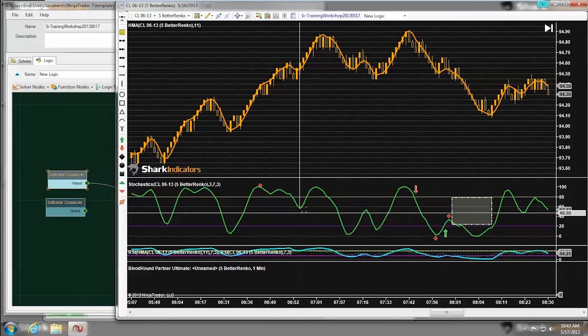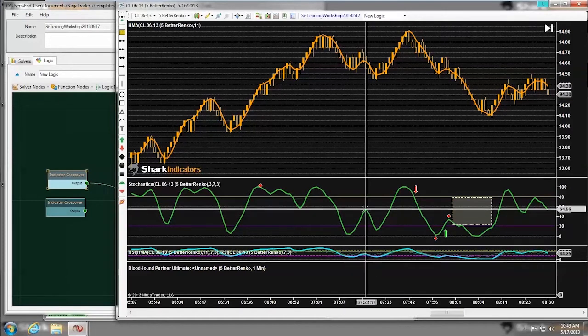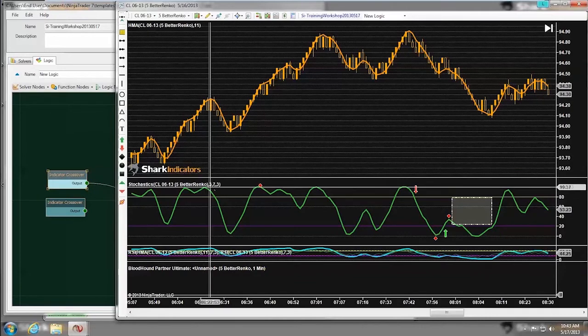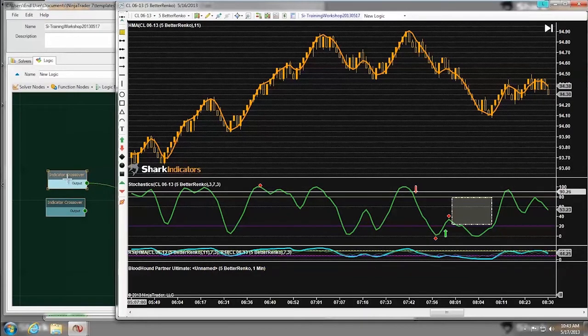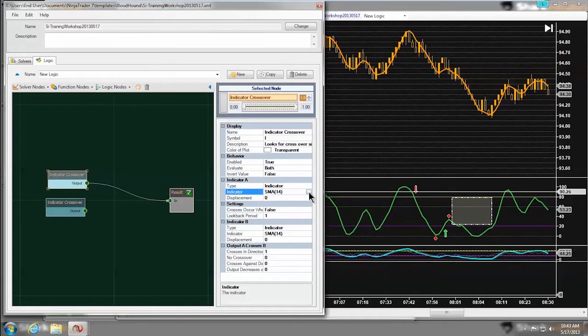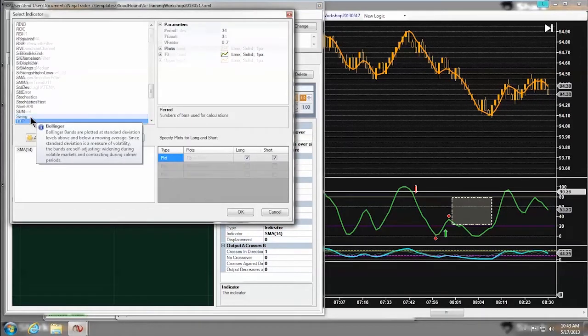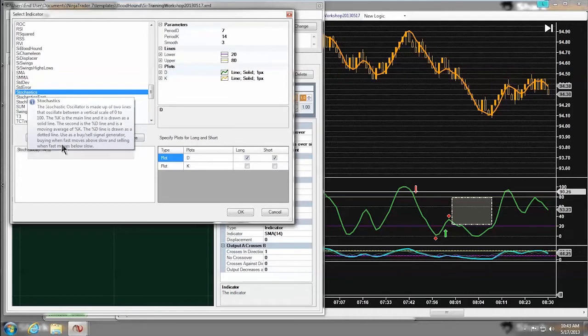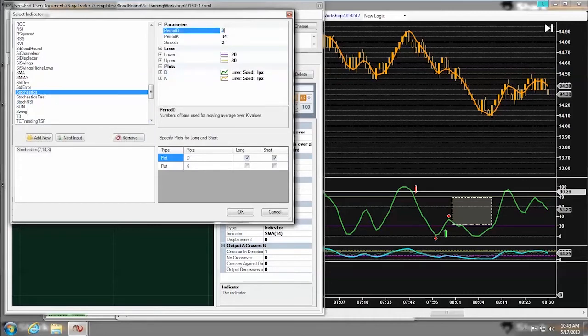I'm trying to eliminate these reversal points in this no man's land as much as possible. So I sped up the stochastics to do that. So 373. All right, so we'll go find the stochastics. All right, we're using the D.